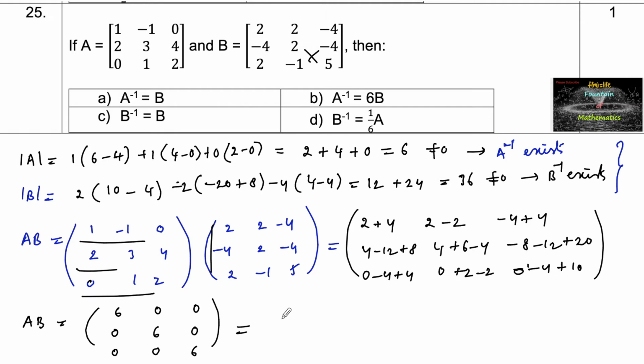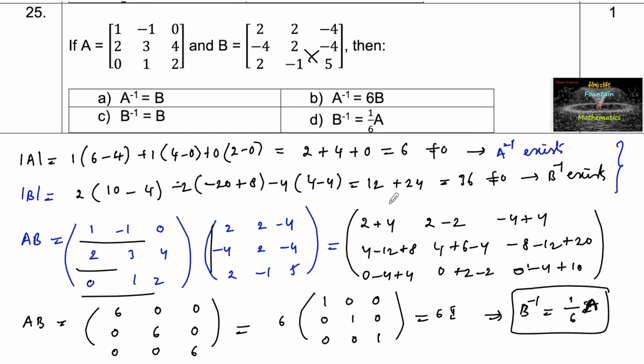So if I take 6 common, we get [1 0 0; 0 1 0; 0 0 1], which is 6 times I. So we can say that AB is equal to 6 times I. So we can go with an option like B inverse is equal to 1 upon 6 times A. So we can take B inverse is equal to 1 upon 6 times, sorry, A. So we can go with option D.